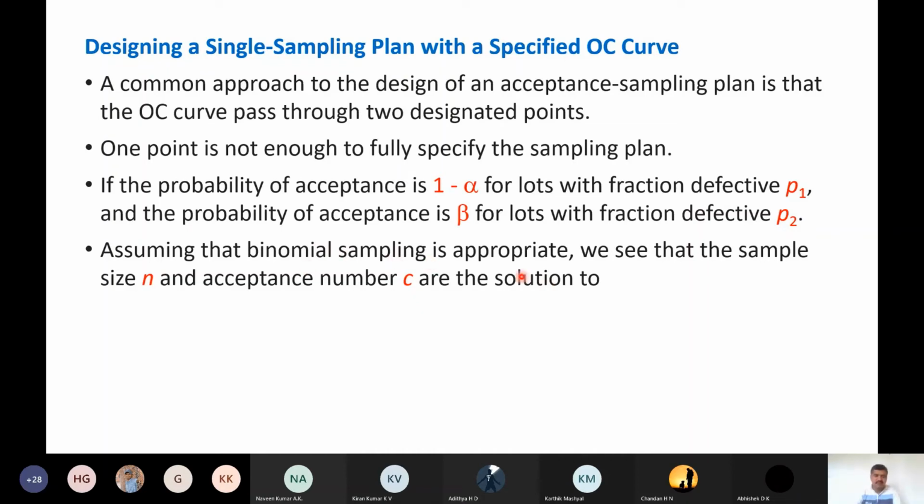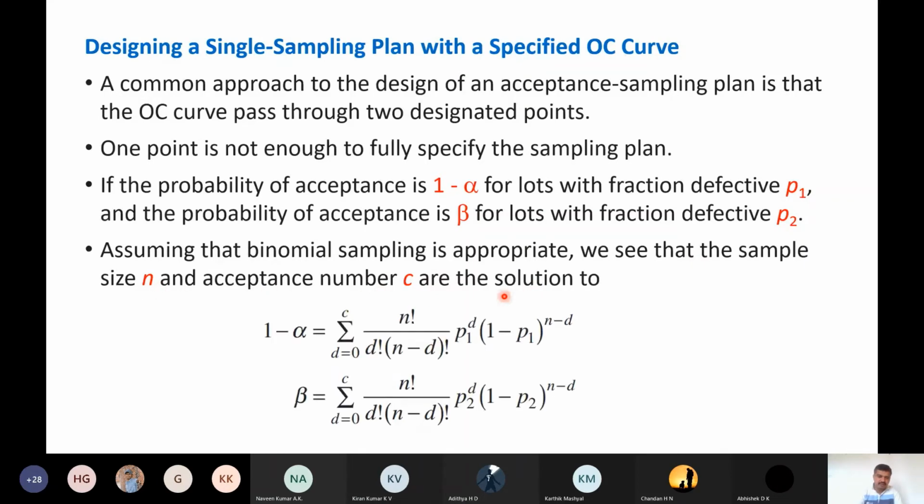We see that the sample size n and acceptance number c are the solution to these two equations. If you know alpha and P1, you can find n and c using a nomogram, which we will see.